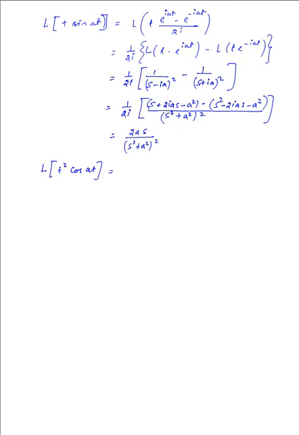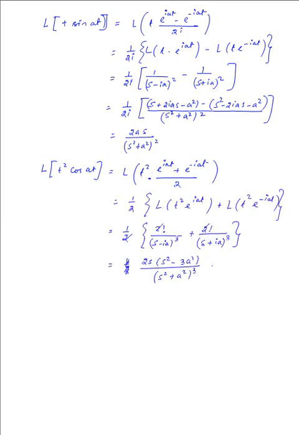But we have a cosine function, which means we'll be expressing it in terms of the sum of exponentials, just like we did in the sine function. So we have L, the Laplace transform of t square times e raised to the power iat plus e raised to the power minus iat over 2, multiplied by t square. We'll keep the dot over here just to be specific. So that's the solution for t square cosine at.